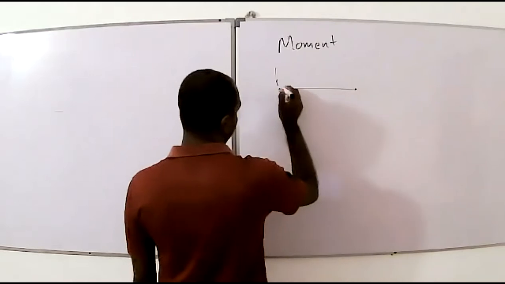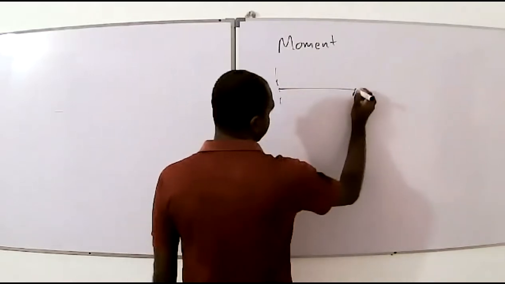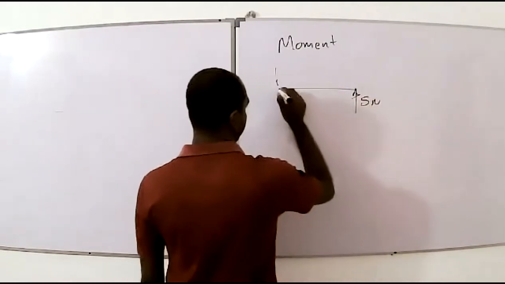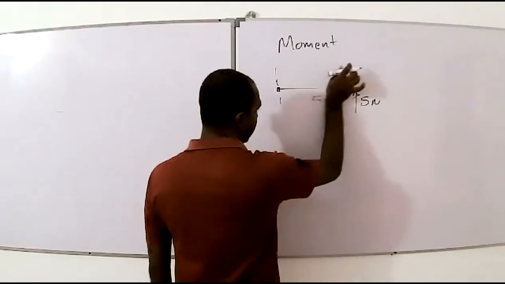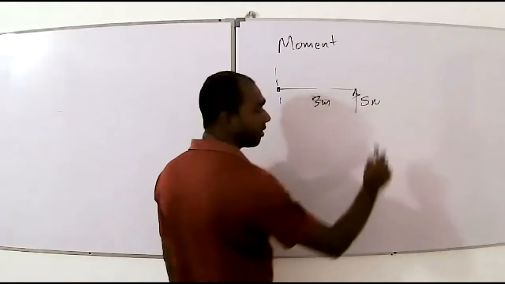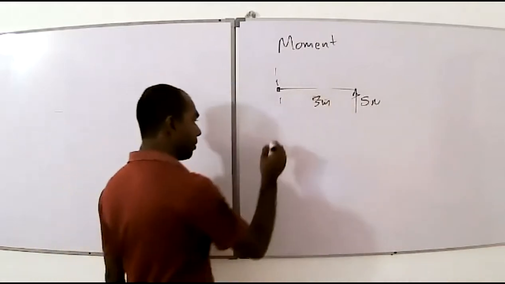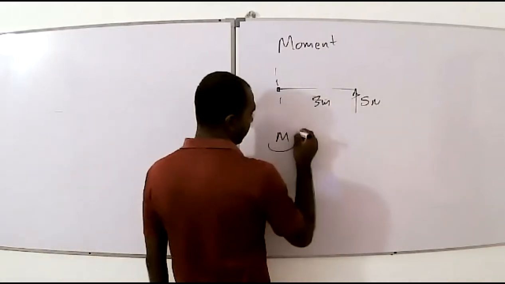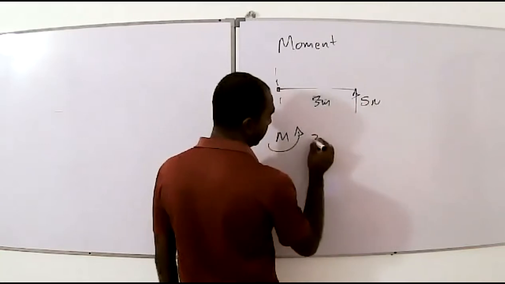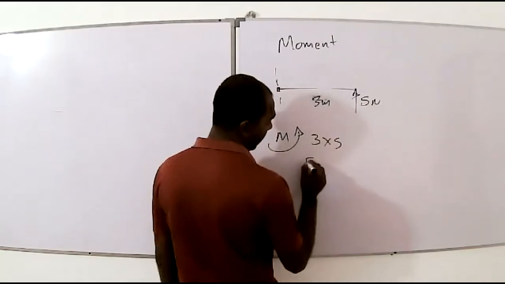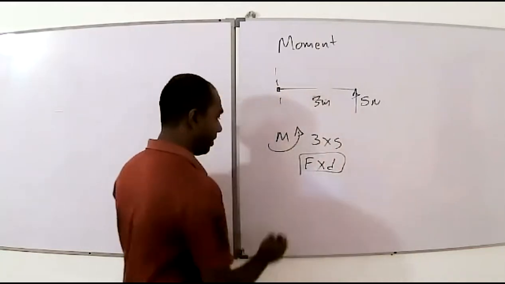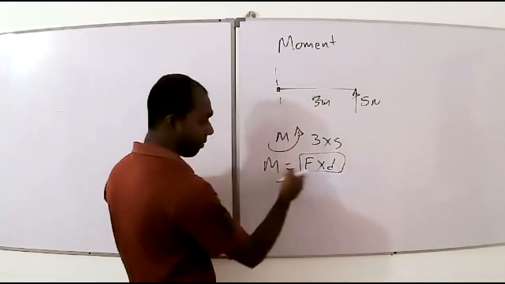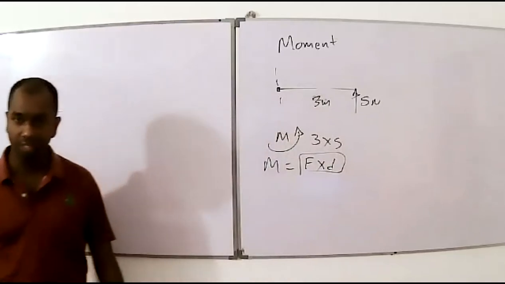If a force of, let's say, 5 Newtons is acting 3 meters away from an object, perpendicular distance, we can get the moment around that point by 3 times 5, or simply force times the perpendicular distance. F times d, moment equals F times d.